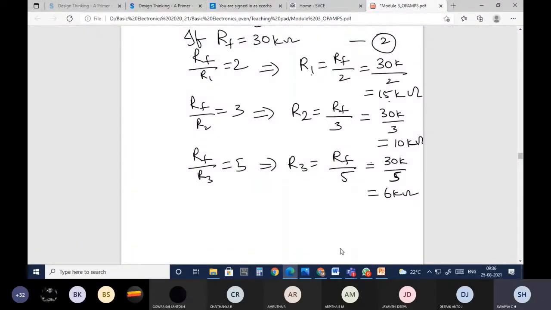This is also given in the question paper for 8 marks. Note the question.